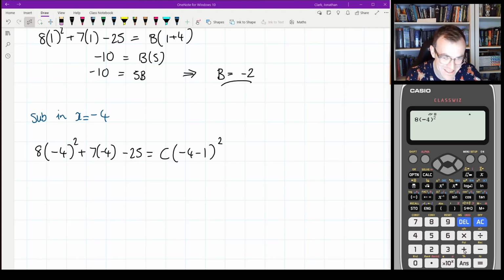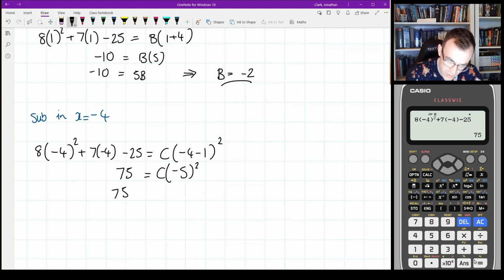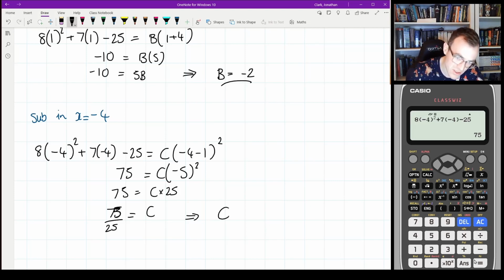It's probably safer. Let's just work it out. 75. Okay. Minus 5 squared. That's going to work out as 25. So C is 75 over 25, therefore C is equal to 3.